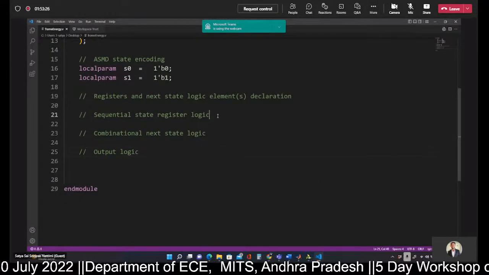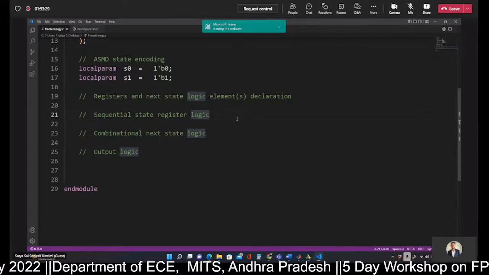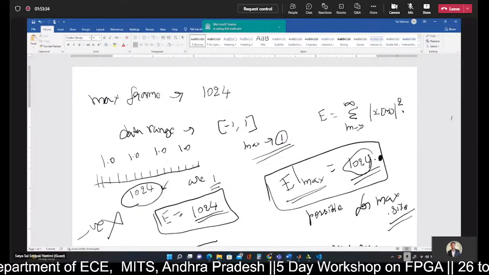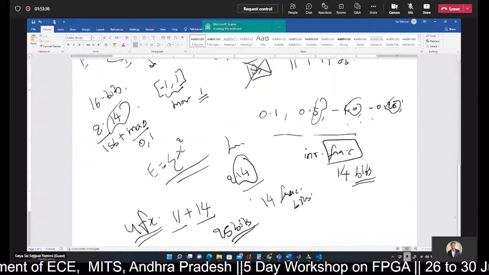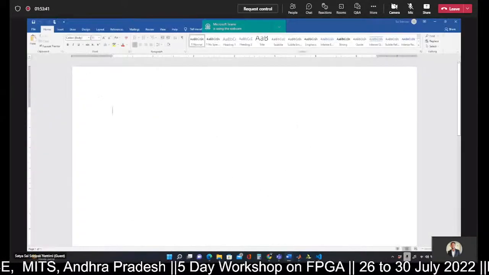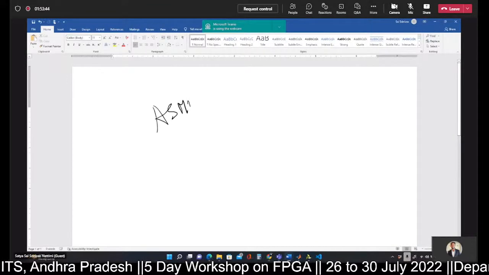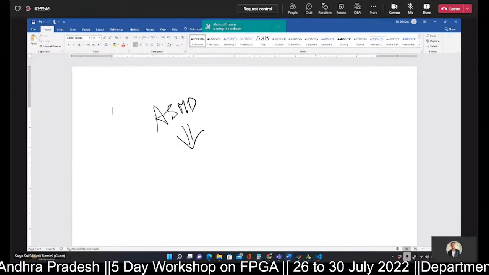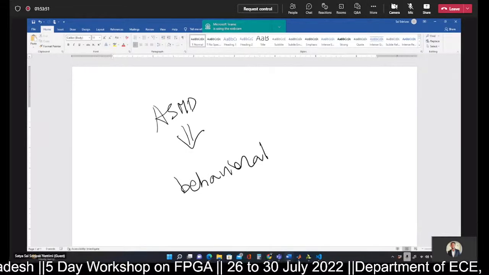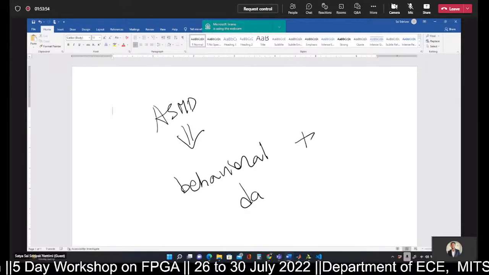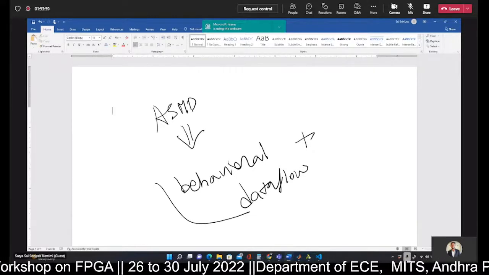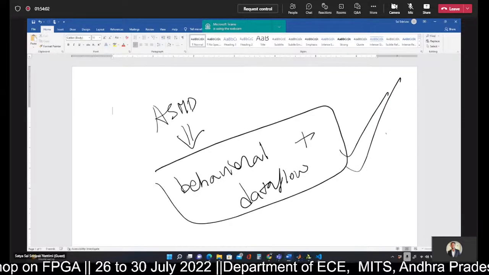One more thing you need to keep in mind: I have mentioned the levels of abstraction. In case of ASMD or an FSM, we are using behavioral level of abstraction along with data flow. We are not using any structural. This is the highly preferred one, behavioral and data flow.